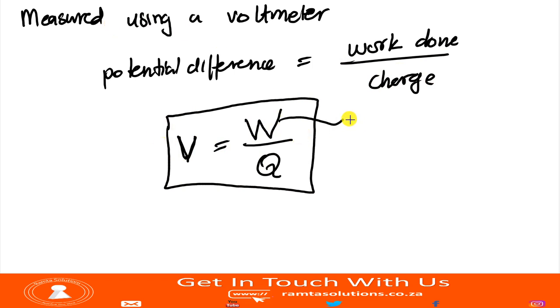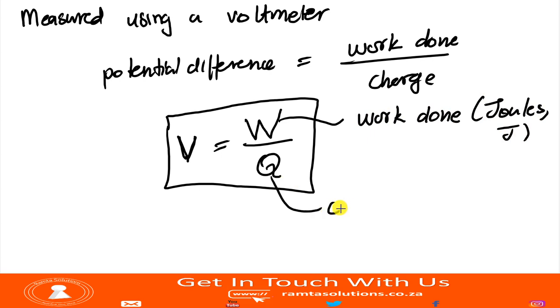Remember, W is work done. It's measured in joules, which have the symbol J, and Q is charge.